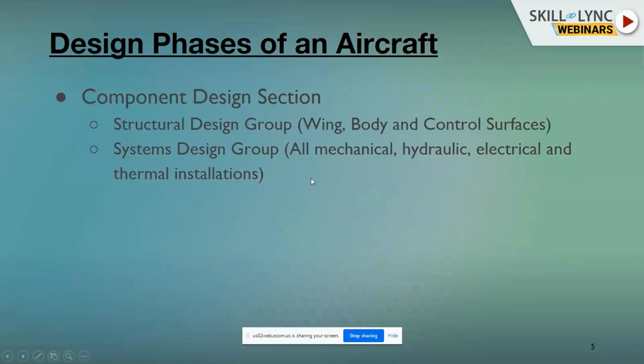Then once you design that, the structure group will have two different systems. Structural systems are like interiors, which we call seats, cabin lights, thermal insulation, electrical wiring. And then come the structural groups, like the fuselage, wing, body, all of the control surfaces and all those.